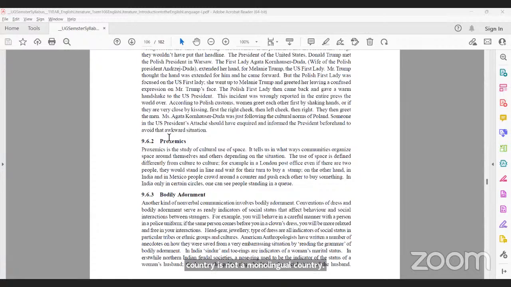So if it is a multilingual country, it is supposed to have more than one culture, right? Proxemics is the study of the cultural use of space, and it tells us in what ways communities organize space around themselves and others depending on the situation.